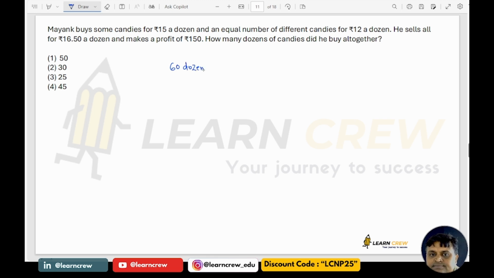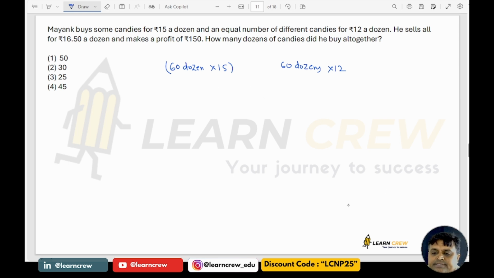And in this case also he is buying 60 dozens. Then what will happen? Please see here. 15 rupees a dozen means 60 into 15. Okay, and here 60 into 12.